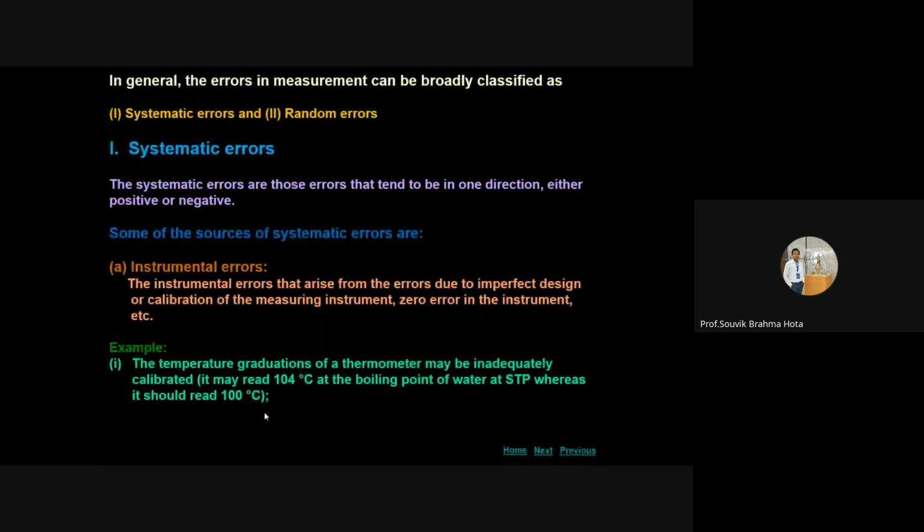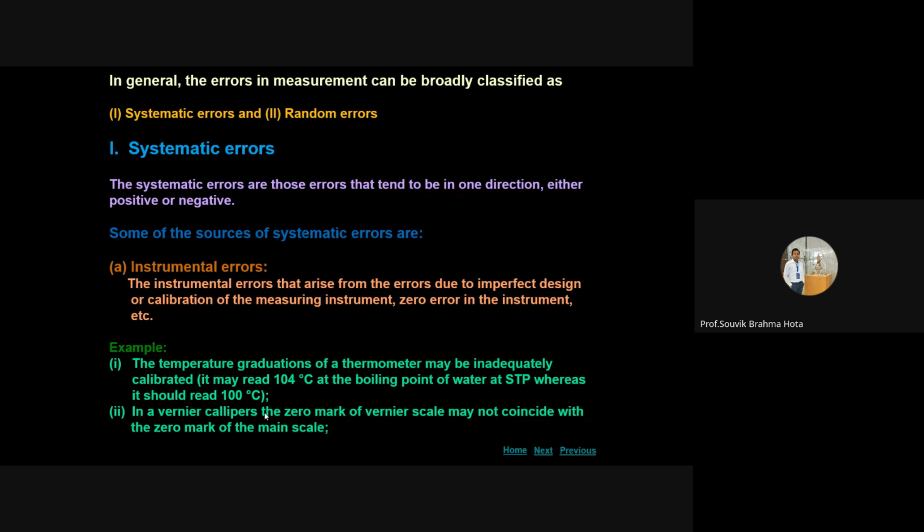It may read 104 degrees centigrade at the boiling point of water at STP, whereas it should read 100 degrees. In a vernier caliper, the zero mark of the vernier scale may not coincide with the zero mark of the main scale. So these are instrumentation errors.